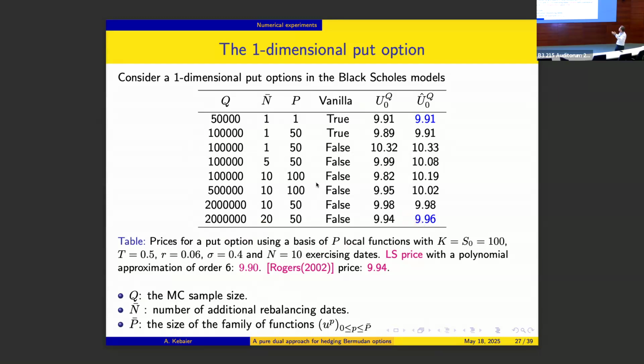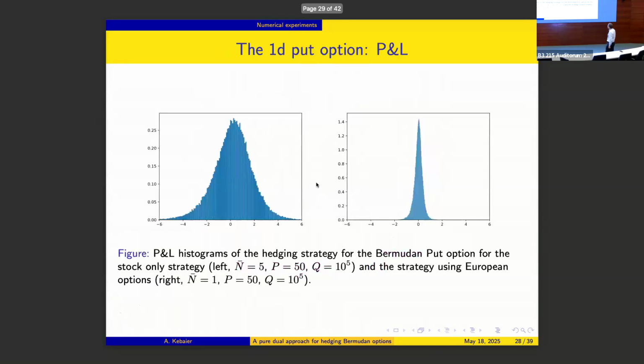But if you decide, of course, to use vanilla options in your hedging portfolio, you really are close to the Longstaff-Schwartz price. And this is the hedging error, using only the discounted asset price.